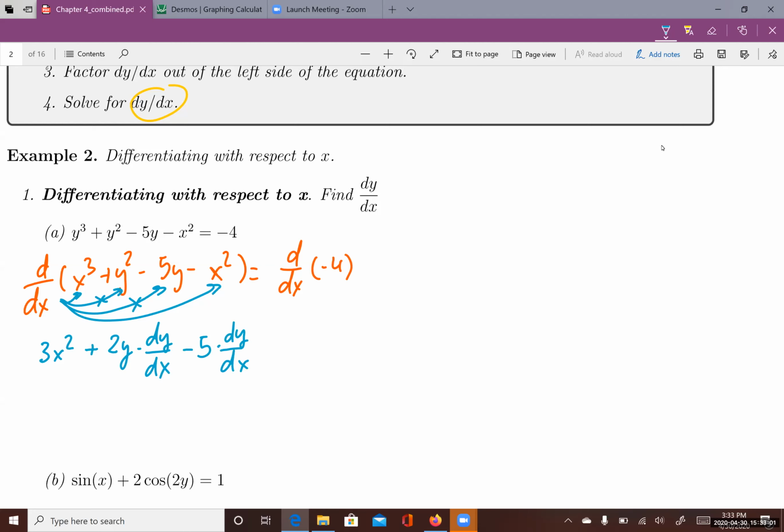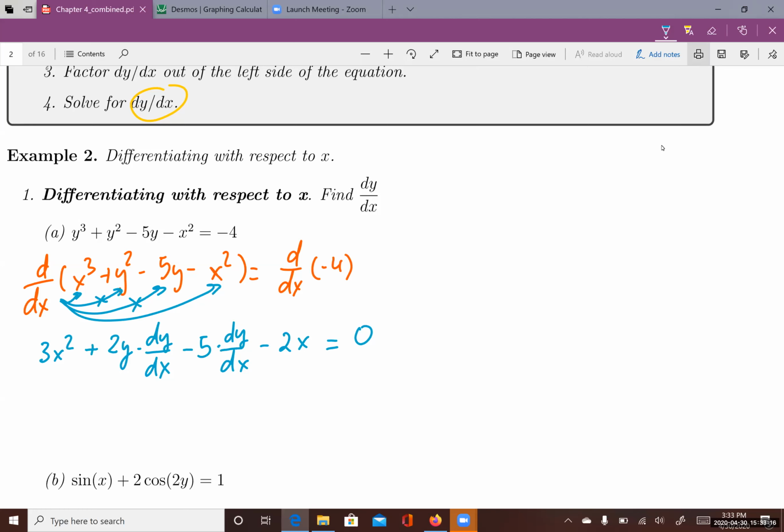And x squared, x and x is the same, so I can just use the power rule. And the derivative of -4 is 0. The derivative of a constant is 0.